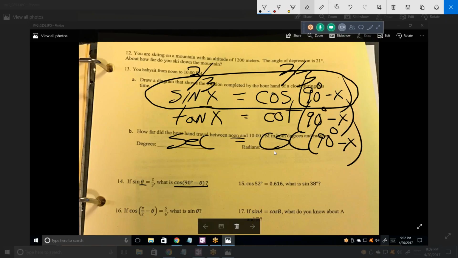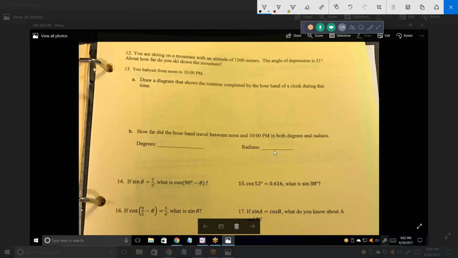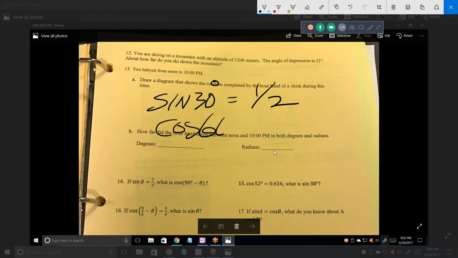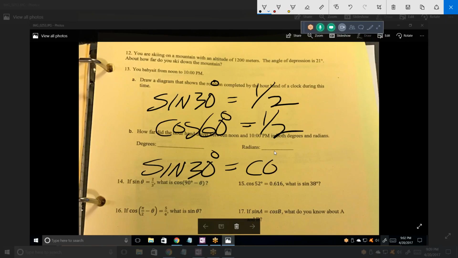It's like, you know that the sine of 30 degrees is 1/2. Well, the cosine of 60 degrees is 1/2. Notice what that means. The sine of 30 degrees equals the cosine of 90 minus 30, because of the cofunction property.